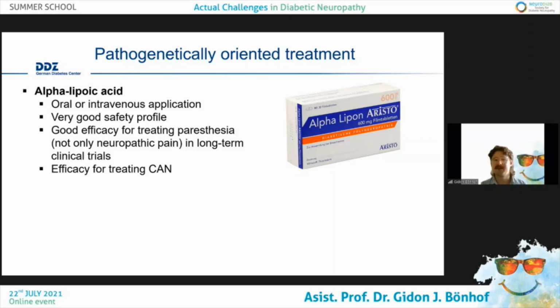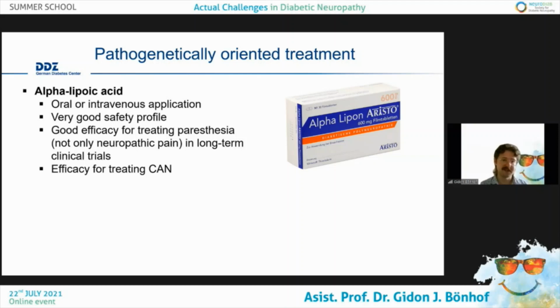For alpha-lipoic acid, there were many clinical trials performed, including the longest clinical trial for a diabetic neuropathy ever, the Nathan-1 study, over 4 years, and it has shown good efficacy against paresthesia. I mentioned that because most of the other substances are tested for neuropathic pain, but neuropathic pain is not the same as symptomatic neuropathy.